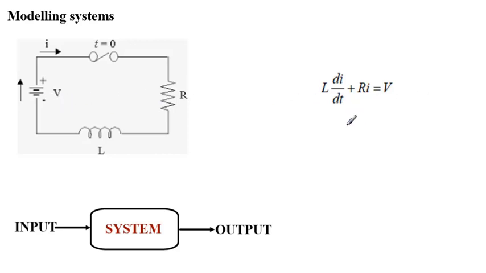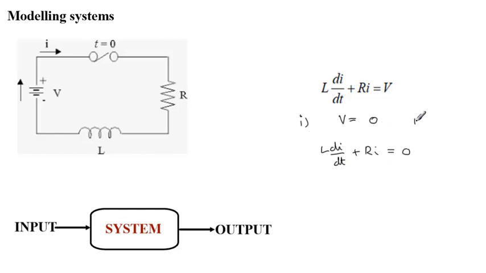As it is, we've got two situations we can come up with. In case number 1, V is equal to 0. Then the differential equation will look as follows: L di/dt plus Ri equals 0.